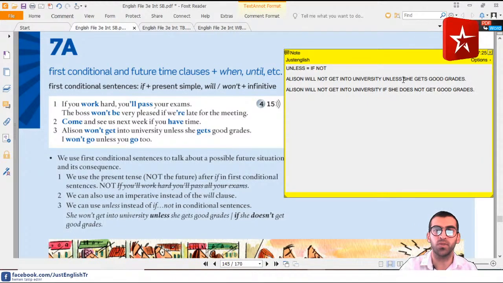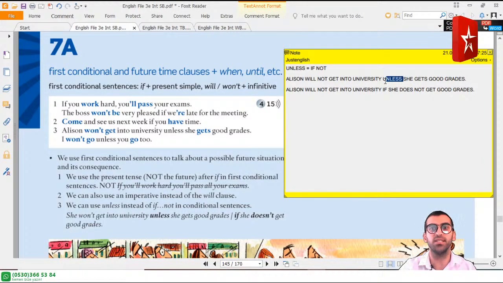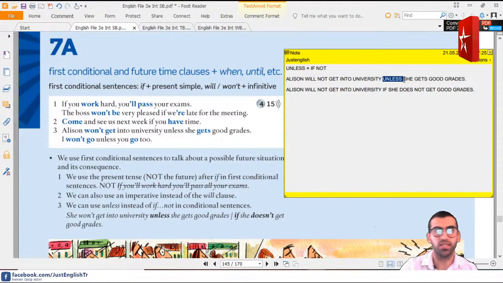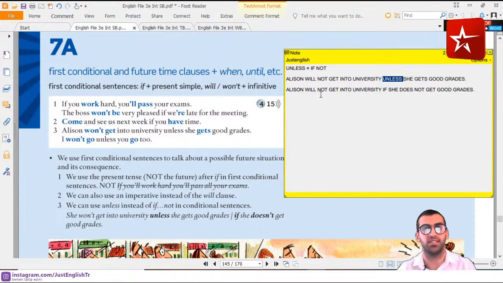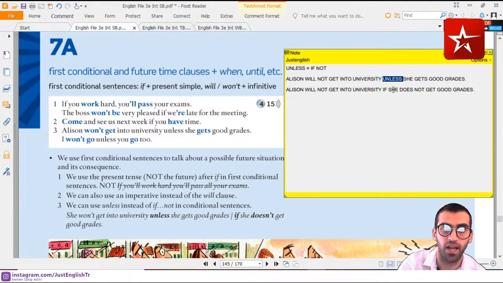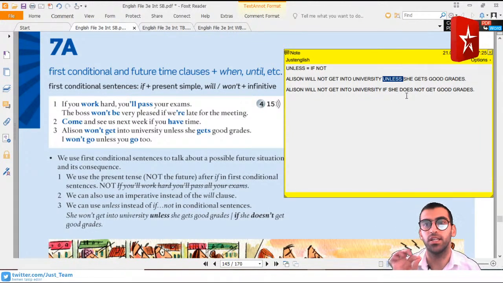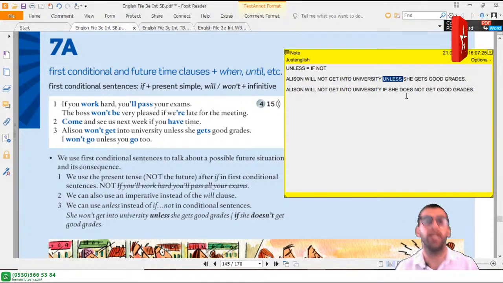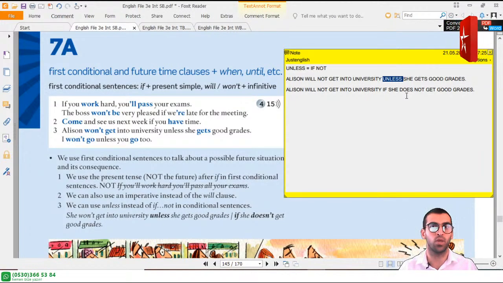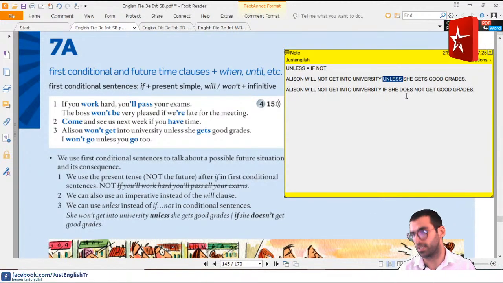If you use unless, it means if not. But Alison won't get into university if she doesn't get good grades. I used if and negative. If she doesn't get good grades.